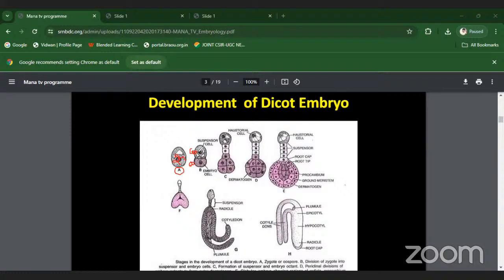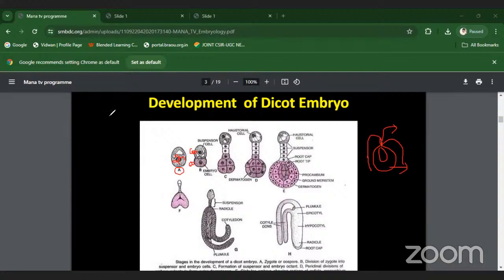Don't get confused. For example, this is a rough diagram of an ovule. This is the micropylar end and this is the chalaza, as we discussed in earlier classes.